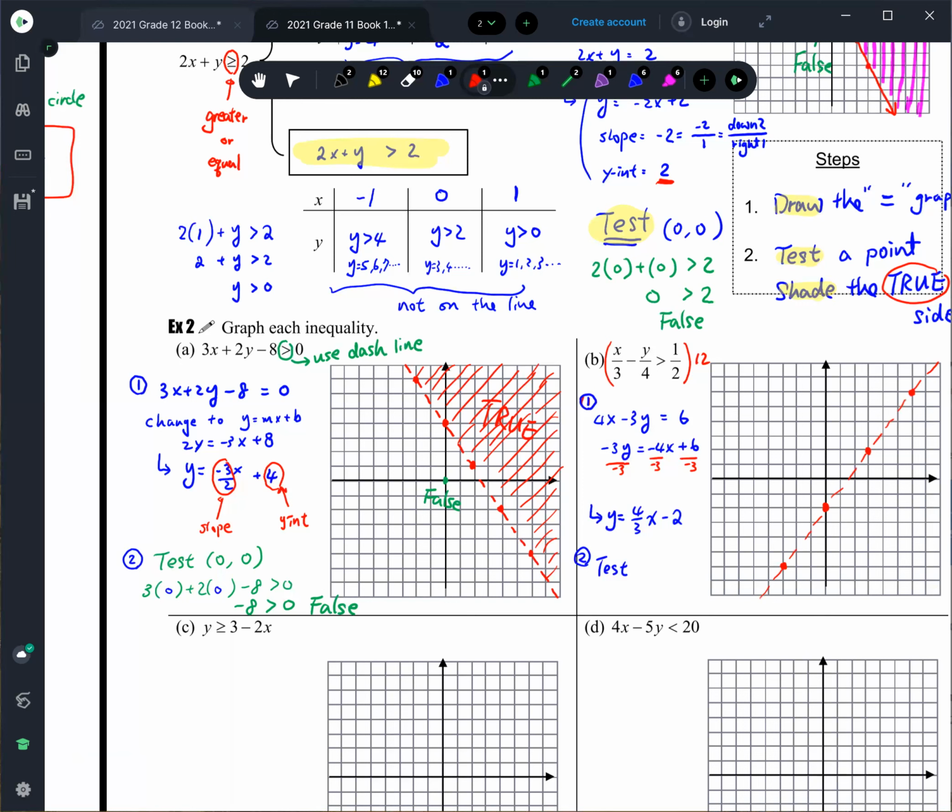Okay, looks like we can test 0, 0, right? Because it's not on the line.